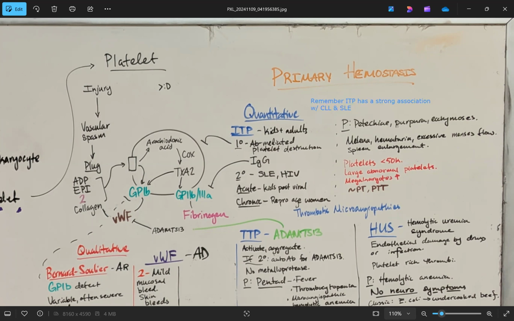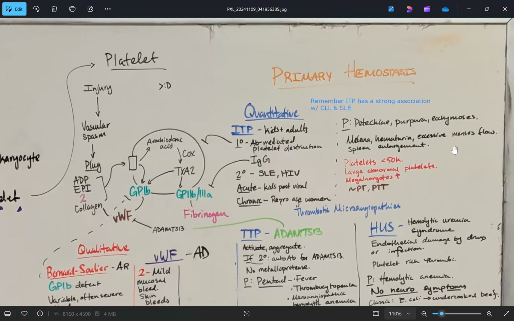But if you have a defect in that, you will not degrade your VWF, and therefore you'll activate and aggregate a lot more often. If it's secondary, it's usually because you have an autoantibody for it. Otherwise, primary would be that mutation, and you will lose that metalloprotease function.